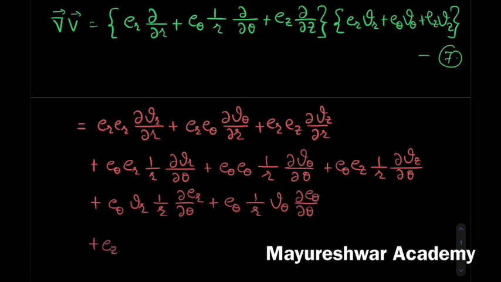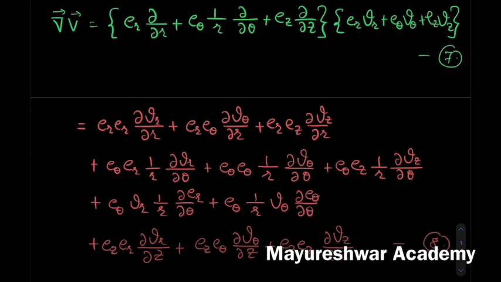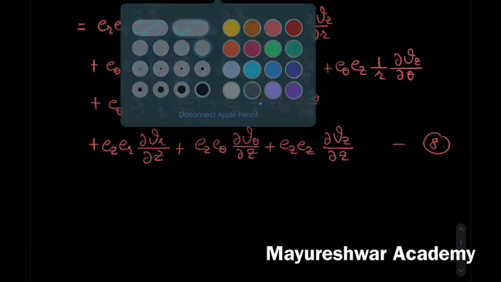Now these two terms we need to note. These are additional terms. And similarly ez partial over partial z is operating on all three components of velocity. So let it be equation 8.